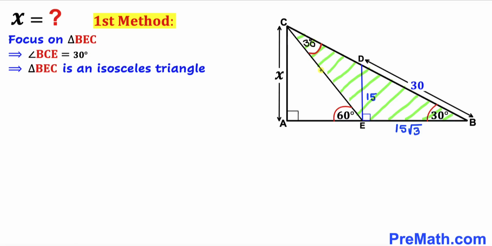Furthermore, this triangle BEC is an isosceles triangle, since this angle equals this angle. So side length EB is equal to side length EC. We know that EB is 15 times square root of 3, so EC turns out to be 15 times square root of 3 as well.